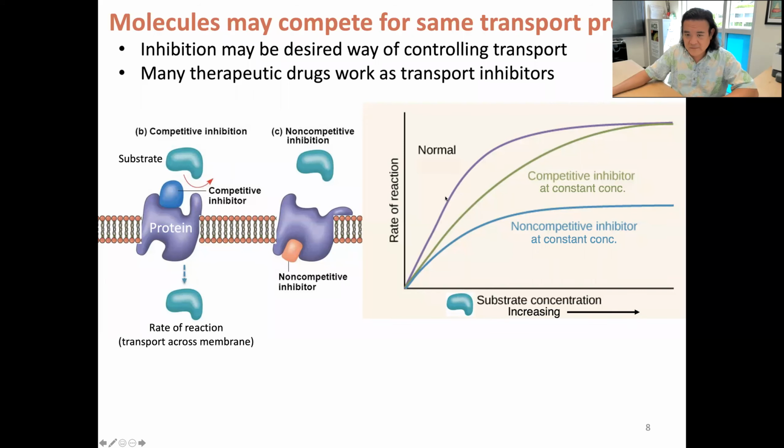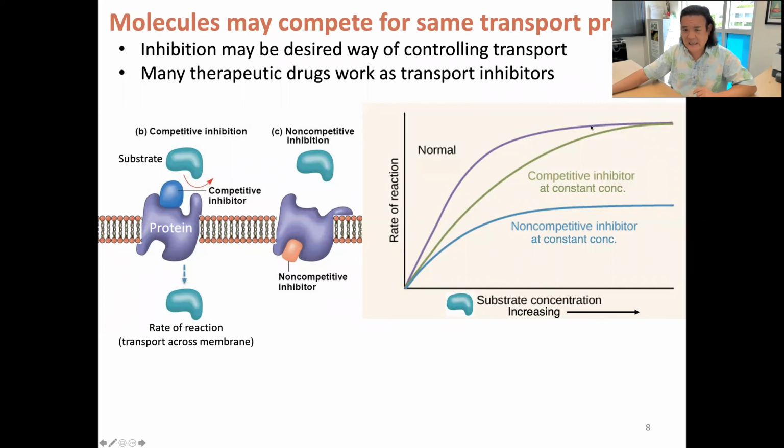So the slope of the rate of diffusion is very steep, but at a certain point, you begin to max out the number of entrances. And so even though you keep increasing the substrate concentration on the outside, you plateau.